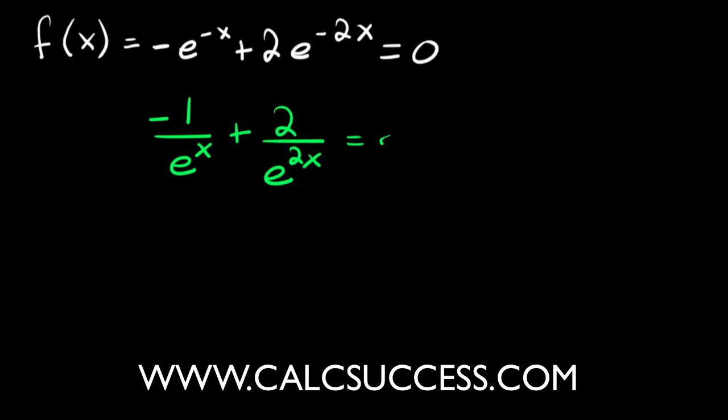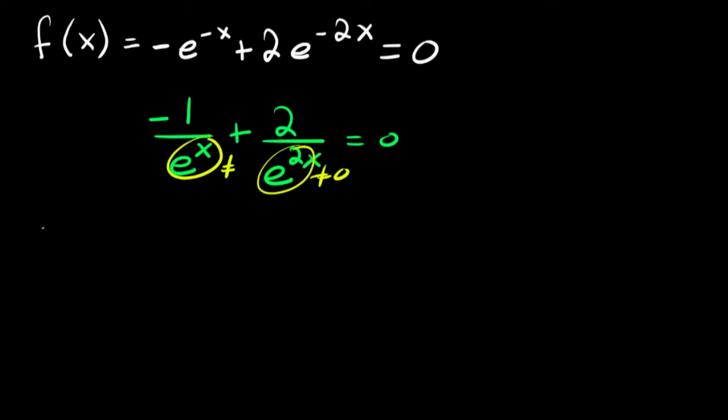Now, this guy can never equal 0, and this guy also can never equal 0. So what that means is that it's defined everywhere.